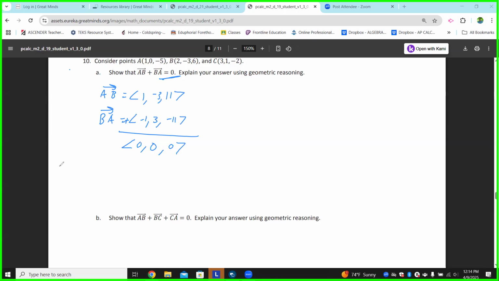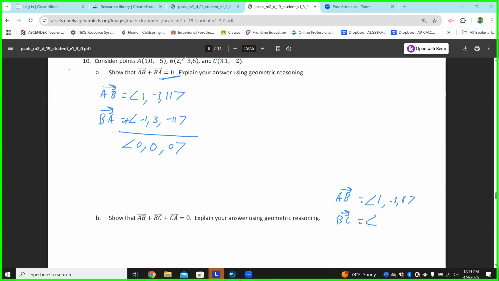All right, then part B there, show that AB, BC plus CA equals 0 and explain your answer. So we already got AB. That would be 1, -3, 11. Now we got to go find BC.